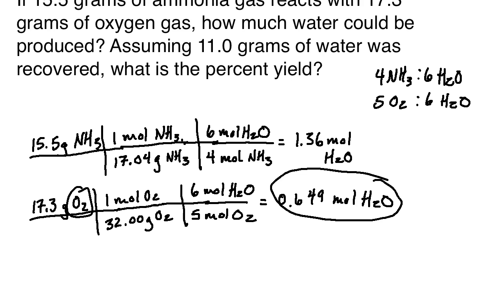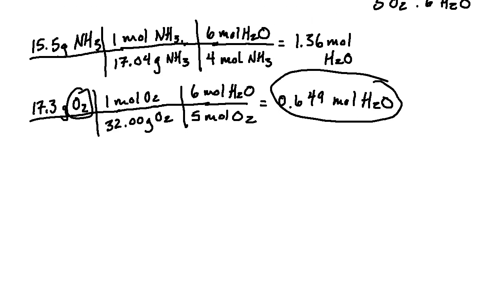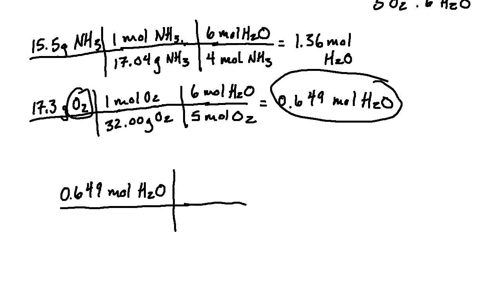So it should be obvious at this point that the O2 gas is going to be the limiting reactant. So let's take this to theoretical yield. That's my next step. If I know that my maximum potential output is 0.649 moles of water vapor, then I can expect that for every 1 mole of water, the molar mass, which you should have handy, we used it in the last problem, is 18.02 grams of water.